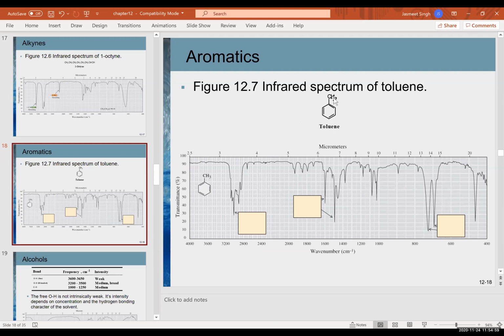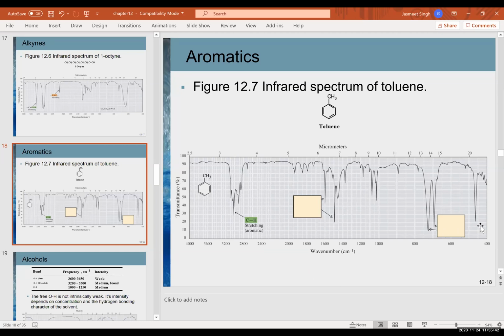Now, toluene has aliphatic CH, which is CH3, and those are here, around 2800. Aromatic CH, the hydrogens connected directly to the ring, show up above 3000. So this is a characteristic pattern of aromatic CH. So between 2800 and 3000 belongs to the CH3 part, the aliphatic CH, and aromatics are these ones. If it's only benzene, then this part will be absent.